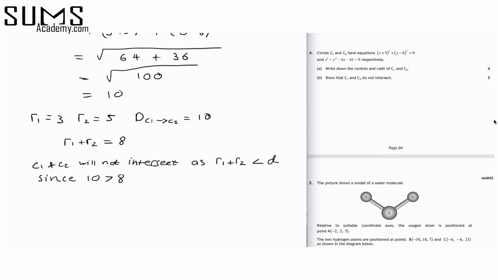This should be enough to get the marks. Basically, you want to interpret the significance of the calculations and compare the sum of the two radii with the distance between the centres. So the 3 marks are from calculating the distance between the two centres, calculating the sum of the radii, and then showing the significance of these two things, and therefore they won't intersect. So there are your 3 marks there.